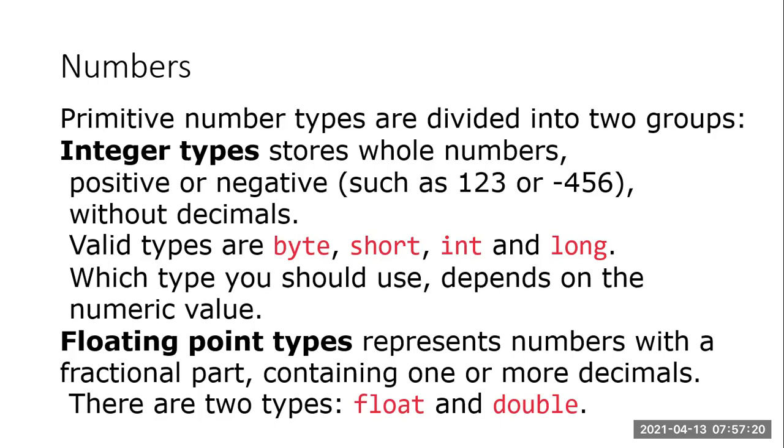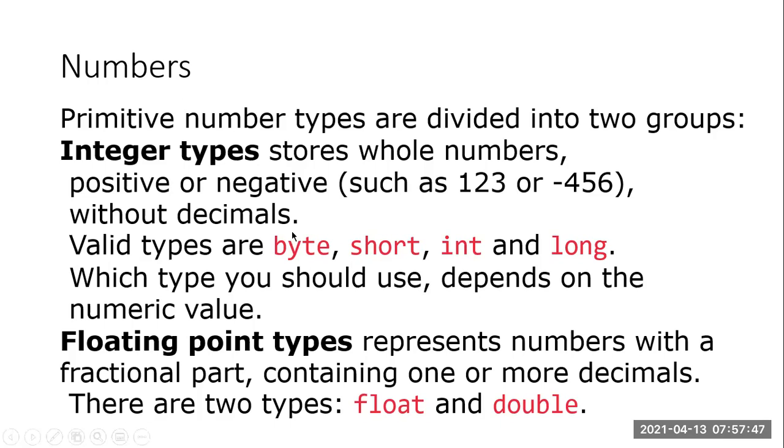What are the valid types? As we discussed, byte, short, int, and long. All of these have a particular range from -x to +x. Each data type should be declared within this range based on the usage, depending on the numerical value.